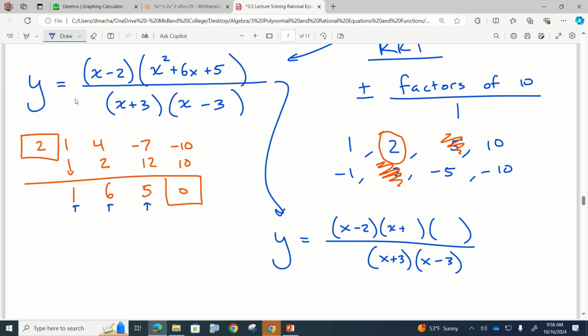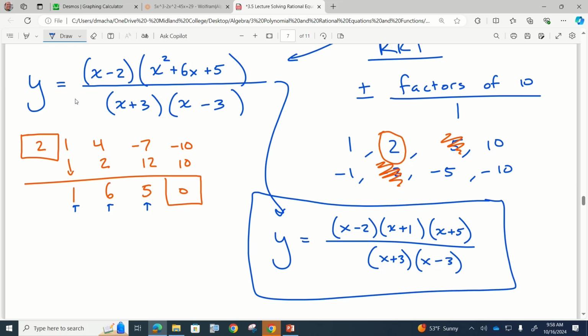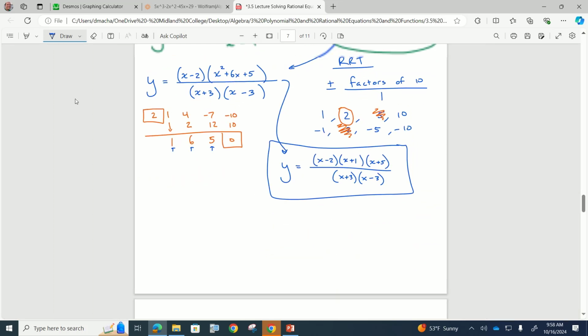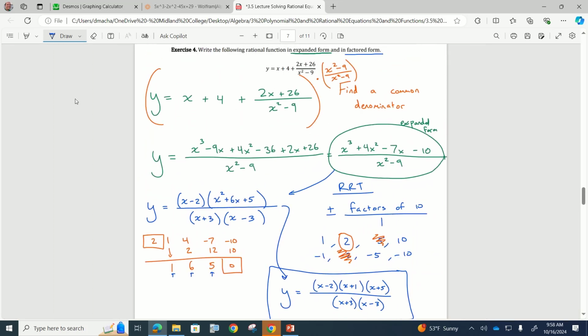I think it's x plus 1 and x plus 5, yeah. There we go. And that is factored form. You did it. Any questions about what we did here? Either with the expanding part or the factoring part?